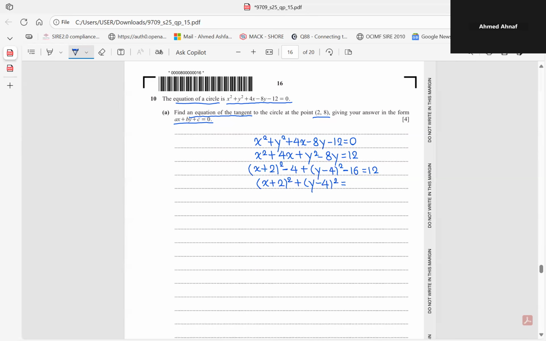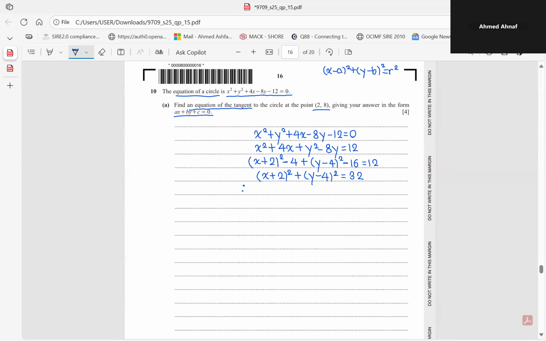So this would just be 12 plus 16 plus 4, which is 32. So this is our equation of the circle in this form: (x minus a) squared plus (y minus b) squared equals r squared, where r is the radius of the circle and (a, b) are the coordinates of the center. So hence, from here, we can say that the center of the circle would be (-2, 4).